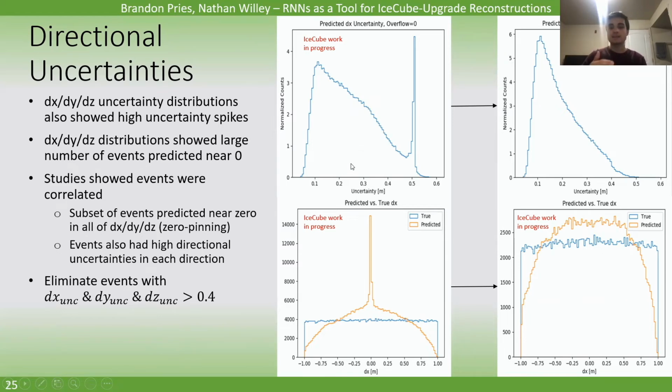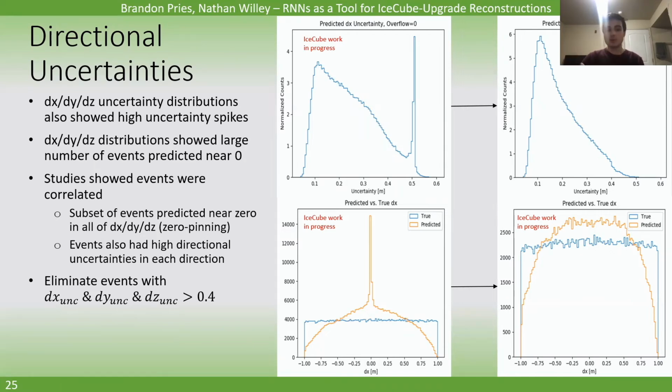We have a high spike, but once we get to around 0.5 uncertainty, there's this huge spike that seems to make no sense with what the rest of the distribution is showing. And if we look at the distribution in just predicted dx, we see there's this huge spike at 0. So once again, the RNN is throwing all of these events into 0 in direction and giving them a huge uncertainty, as if it has no idea what to do with them.